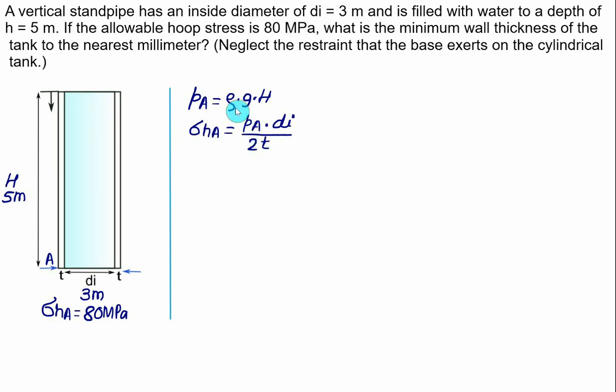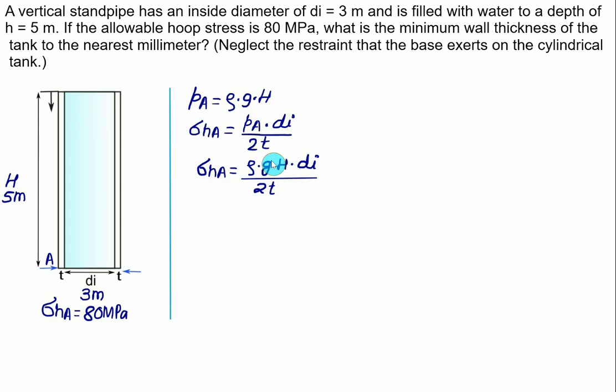We can replace PA with the product rho g H, and in one step we can calculate the required thickness. So the hoop stress at point A equals rho multiplied by g multiplied by H multiplied by di, and the whole thing divided by 2 times the wall thickness.